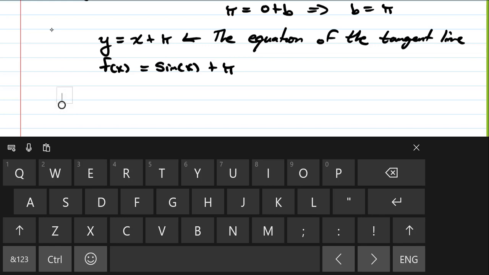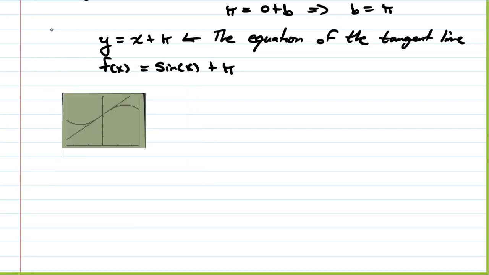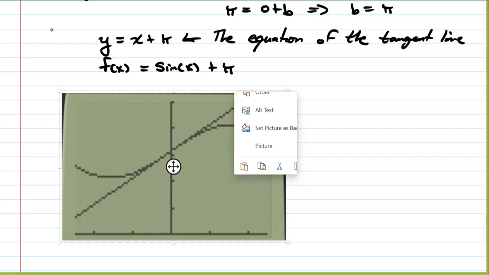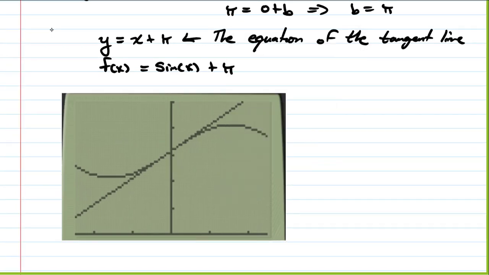Our graph curves away. And so at this point, at (0, pi), so this point right here, we see that the slope of the sine function appears to be about 1.